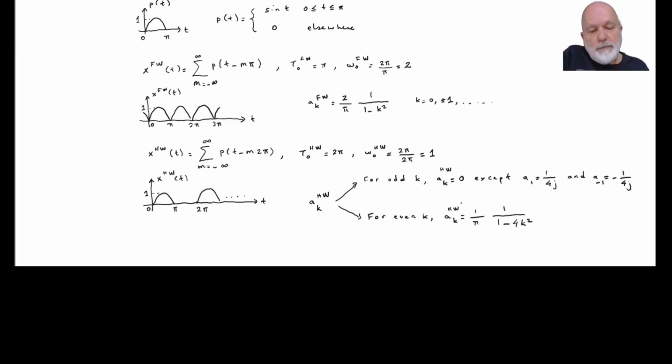First of all, the full wave rectified sine signal, as you see, is real valued and even, and therefore the Fourier series coefficients are real valued as well, and a_k is equal to a_minus_k. So we can just note this observation.